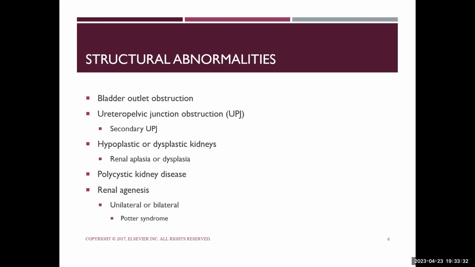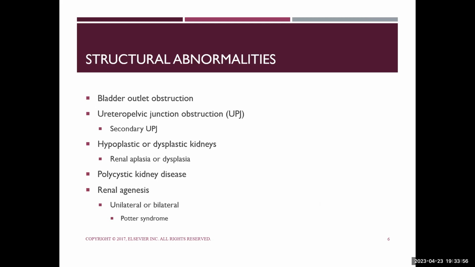Renal agenesis refers to a complete failure of the kidneys to form. If the kidneys do not form, then you have a condition in the fetus that can be very severe.